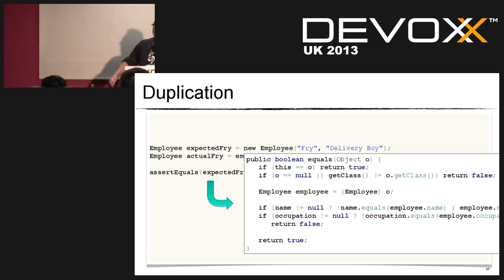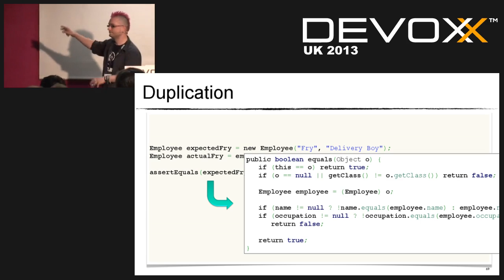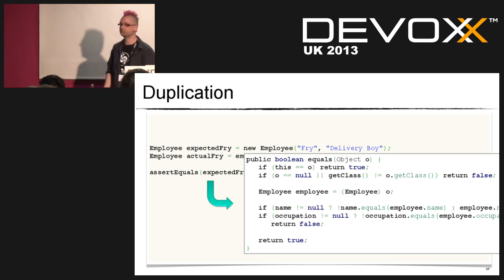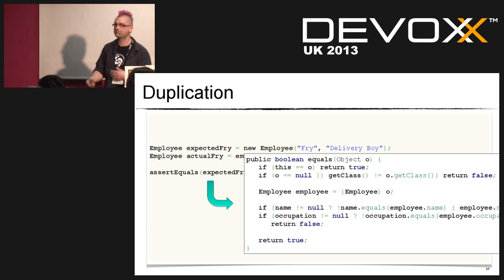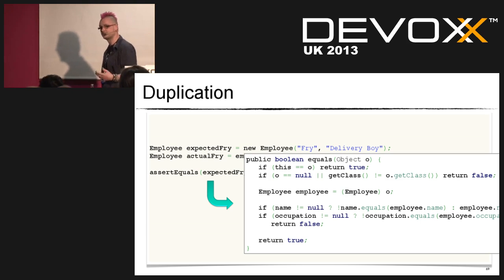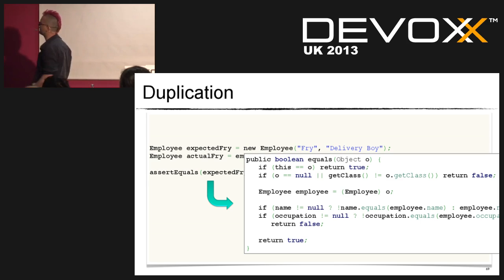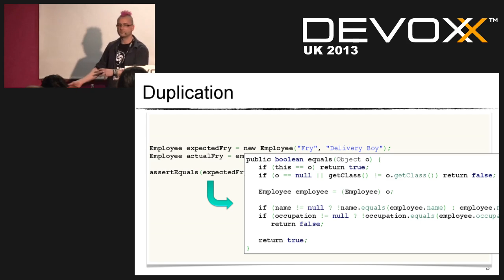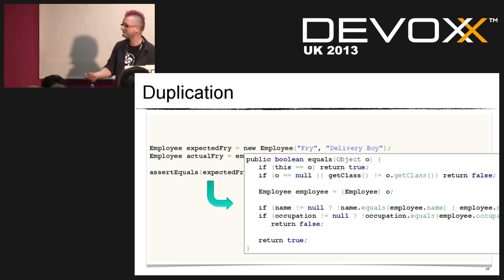So we've written this now, say, I've got a name, I've got an occupation, they must all be the same. But some point down the line, some pointy-haired boss comes up and they give you a requirement that that equals method now has to have some business value. So let's say we've got an ID in this field. Your equals method is now based on ID, not all your fields. So you quite happily go off and make the change.